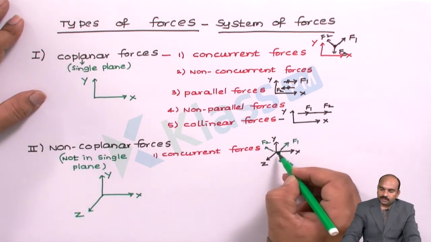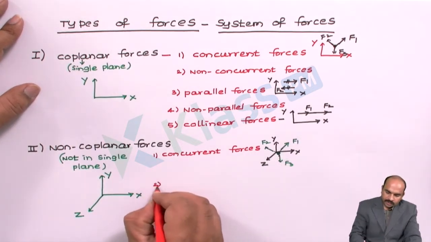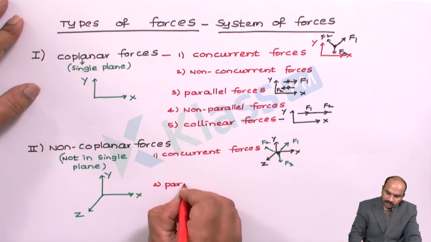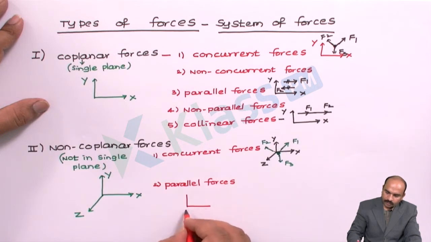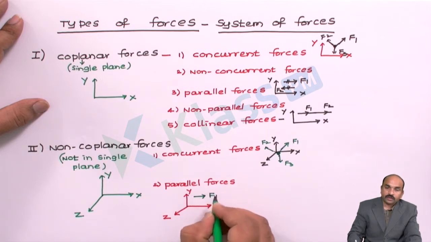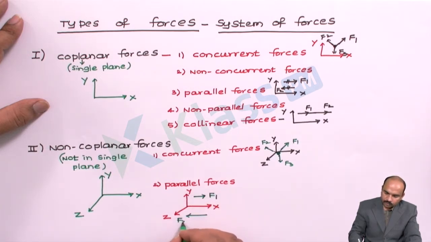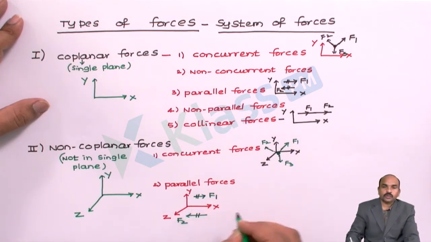If they are not meeting at a common point, then we say non-concurrent forces. Now the second one is parallel forces. Let us say there is a force F1, force F2, both are in different planes, still they are parallel to each other.